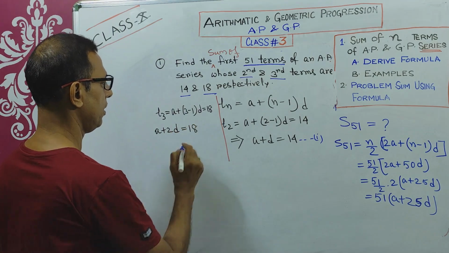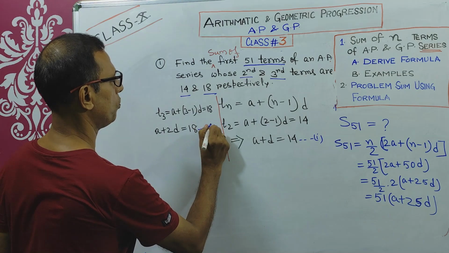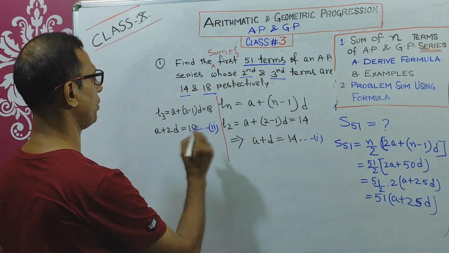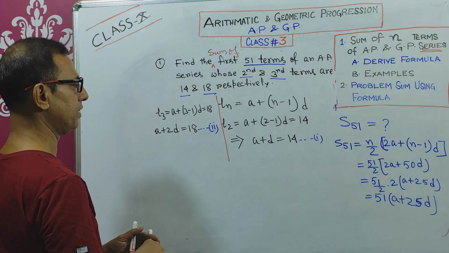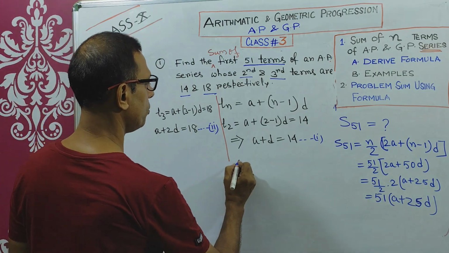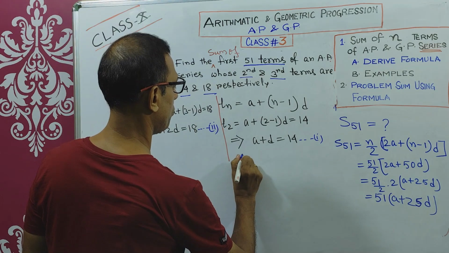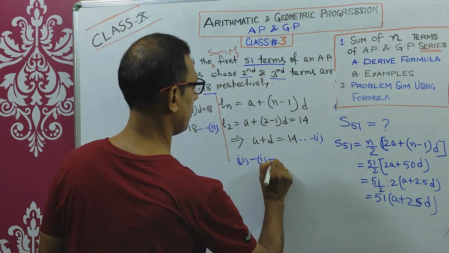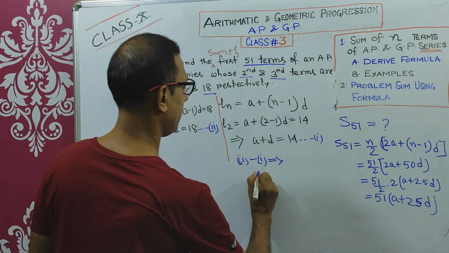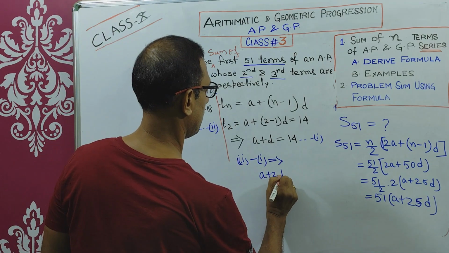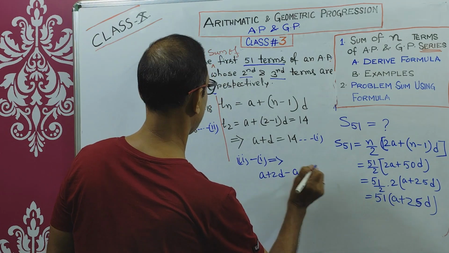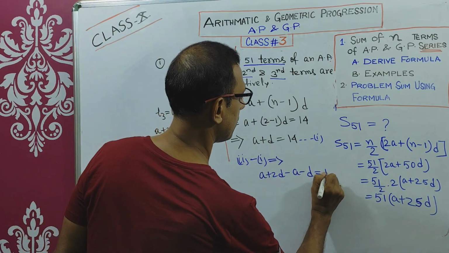This is equation number 2. Right? So equation 1 is a plus d equals 14. Equation 2 is a plus 2d equals 18. Now you just do 2 minus 1. Equation 2 minus 1: a plus 2d minus a minus d equals 18 minus 14.